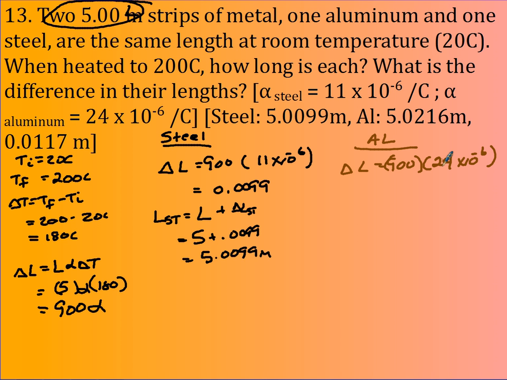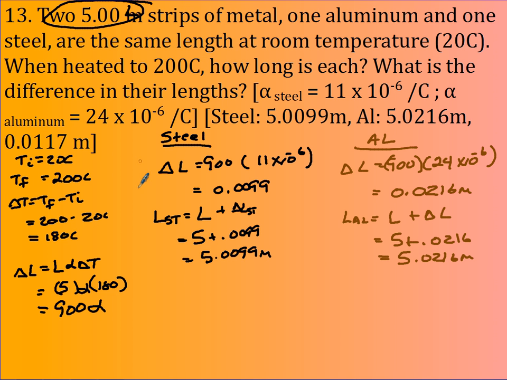So 900 times 24 times 10 to the negative 6 is 0.0216 meters. So L for aluminum is the original length plus delta L. So it's 5 plus 0.0216, so it's 5.0216 meters.